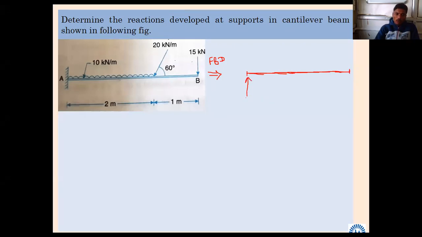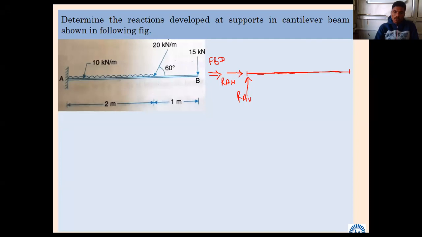So you remember at point A there will be R A V, V for vertical reaction at point A. Then let us assume horizontal reaction. I will give the name R A H, horizontal reaction at point A.